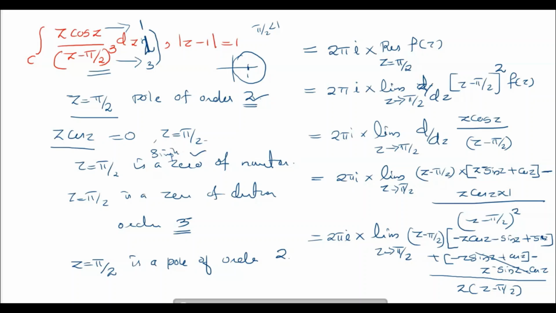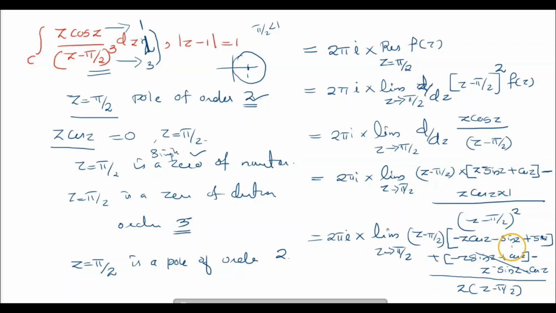We get 2 pi i into limit z tends to pi by 2. The numerator is (z minus pi by 2) into the derivative of minus z cos z minus 2 sin z, minus sin z minus sin z is minus 2 sin z, and the denominator is 2 into (z minus pi by 2).